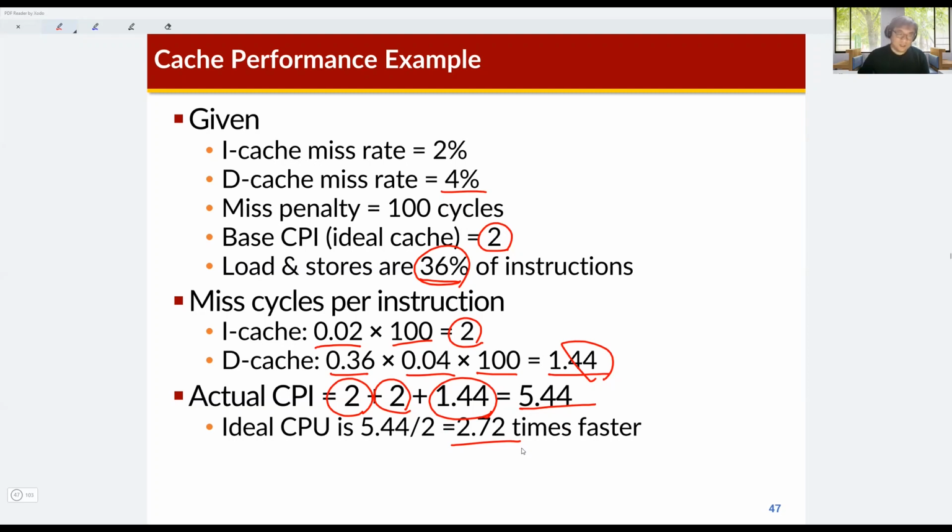So it's very, very slow, even though the cache miss rate is just 2% or 4%. The processor performance can be significantly degraded by small fractions of cache misses, okay?